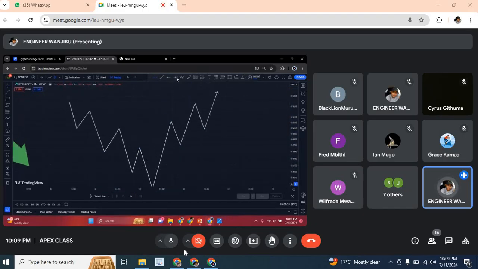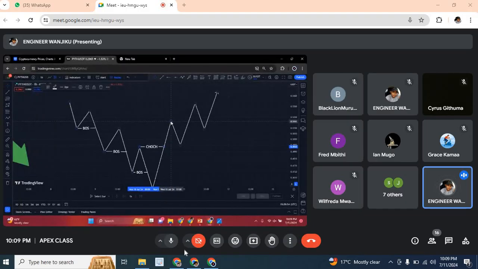So we have our break of structures down here. Break of structure, break of structure. Then you have another break of structure. Then you have our market structure shift, or rather the change of character.